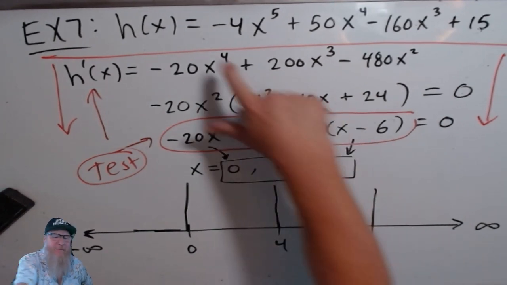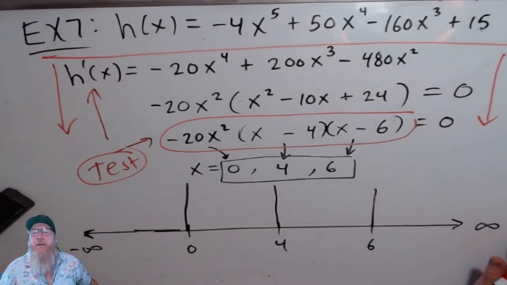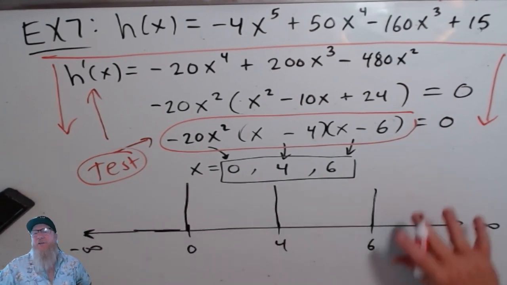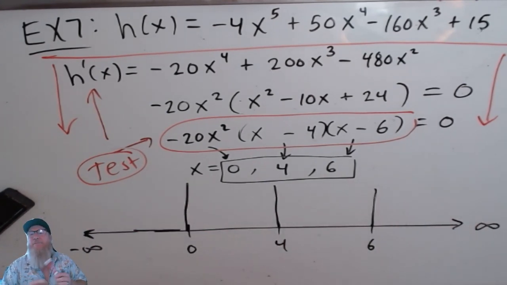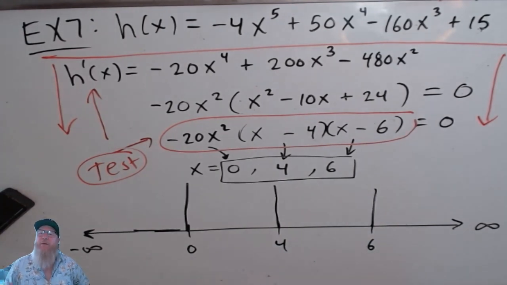If you tested the original function, it wouldn't tell you whether it's increasing or decreasing. It does tell you something, the original function, but it doesn't tell you what I'm asking. The original function just tells you where the maximum or the minimum y values are. That's pretty much all you use the original for. I mean, there's other things we can use it for, but that's not in this lesson.